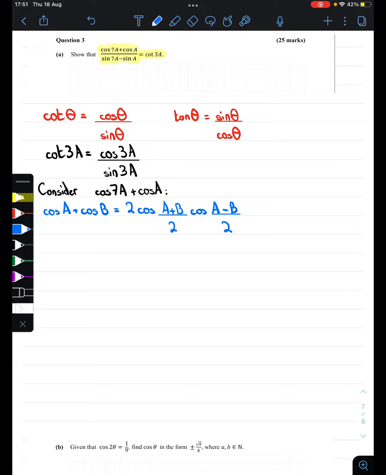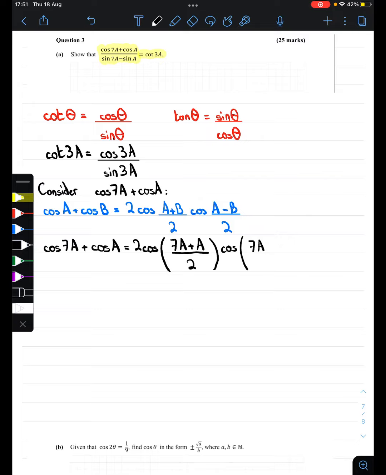So in this case, our first angle is 7a: cosine 7a plus cosine of a. Using our formula, this would be 2 cosine of (7a plus a) over 2, times cosine of (7a minus a) over 2.